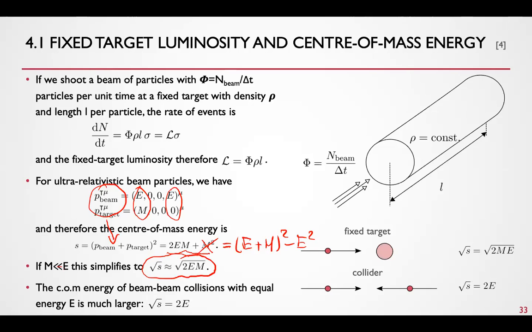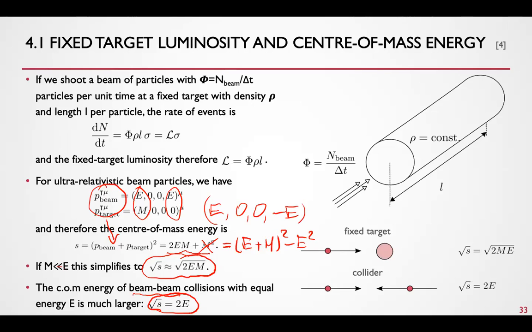Why is it so? Because if you compare this with a beam-beam collision, the story is completely different. There, instead of the target, you would have E, 0, 0, minus E. And if you run the computation again, you get square root of s is 2E.